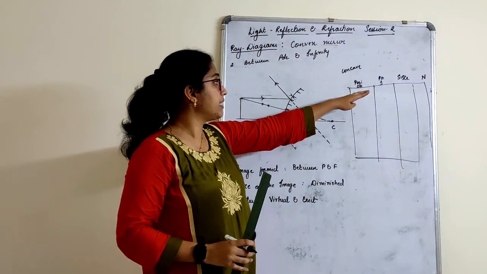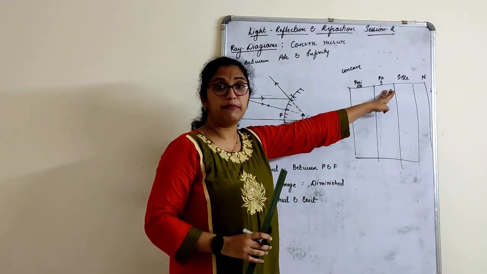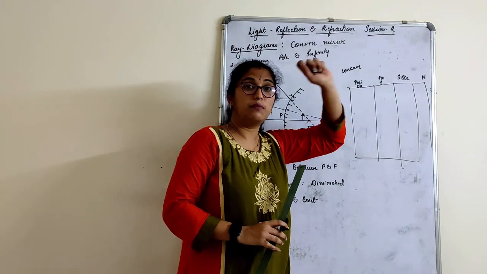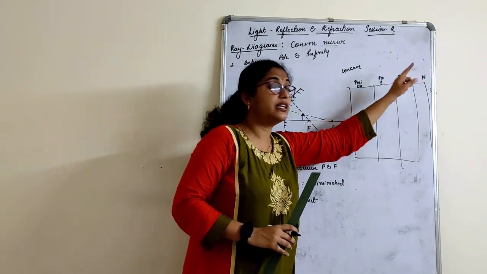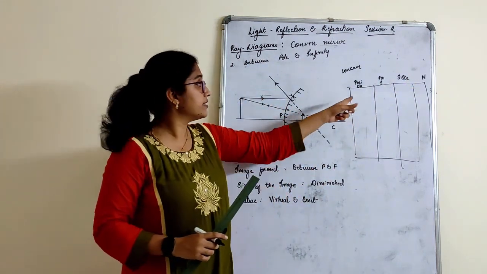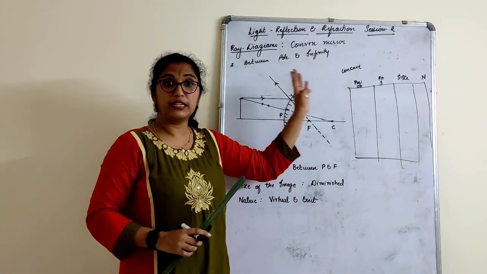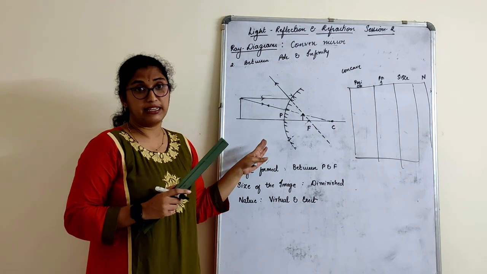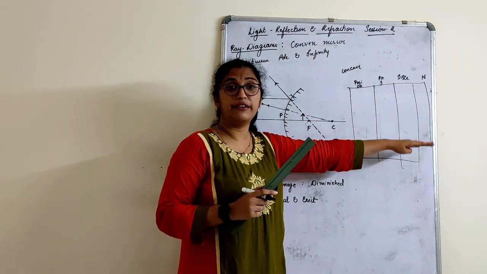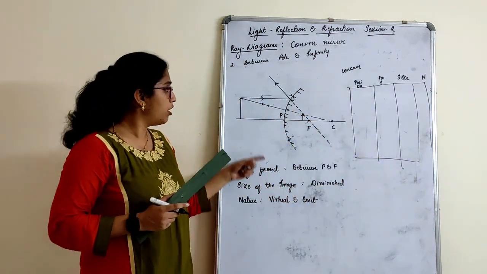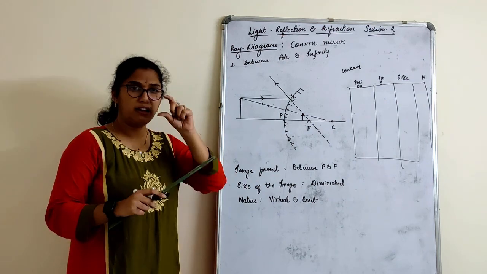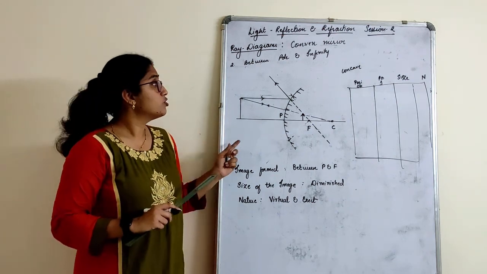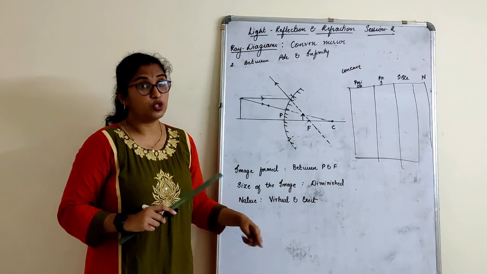Position of the object at infinity, position of the image at focus, size point size, highly diminished, nature real and inverted. Then position of the object beyond C, and so on. You have to give a tabular column, and a small tabular column for convex, a very small one because only two are there. So with that we end today's session.